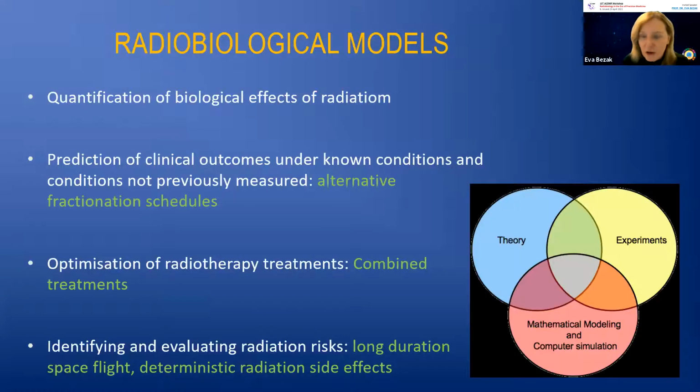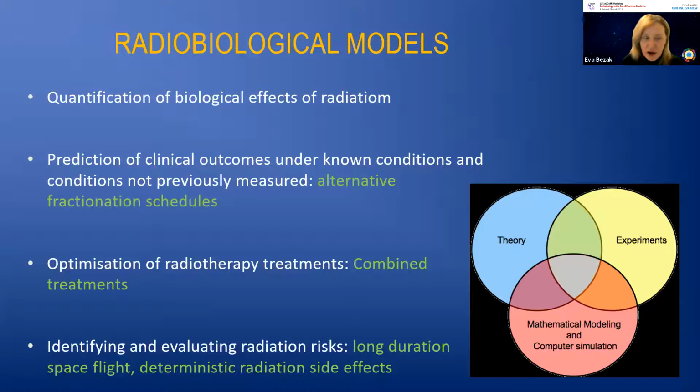So radiobiological models are very useful because they allow us to quantify the biological effects of radiation, and they can provide us with prediction of clinical outcomes, either under known conditions, but also for conditions that were not previously measured. Let's say different fractionation schedules.